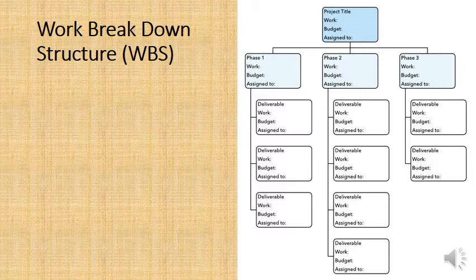I break down what it is I'm supposed to achieve each week, and that's not even project related. But with a project where scopes can be hard to define, you've never done it before, it's unique, a work breakdown structure is very important for organizing the project and making it achievable.